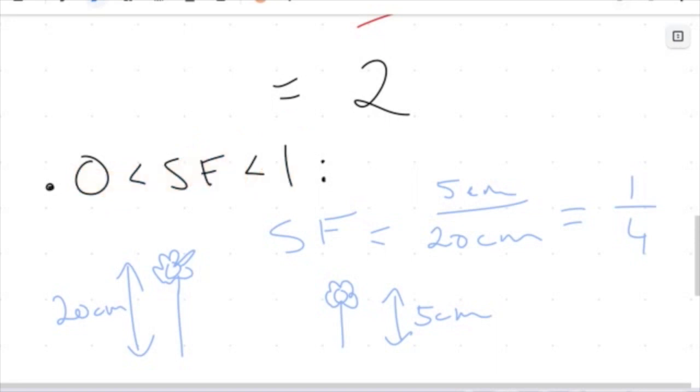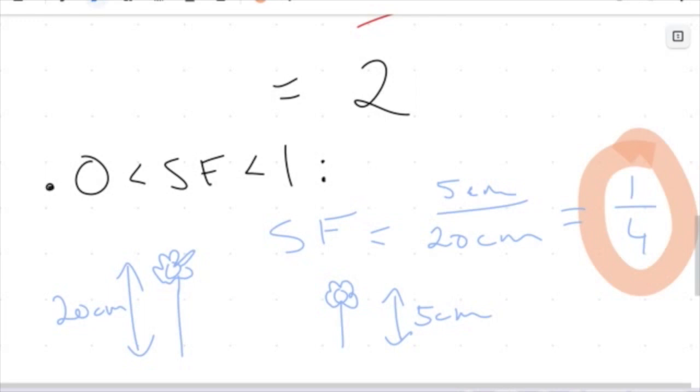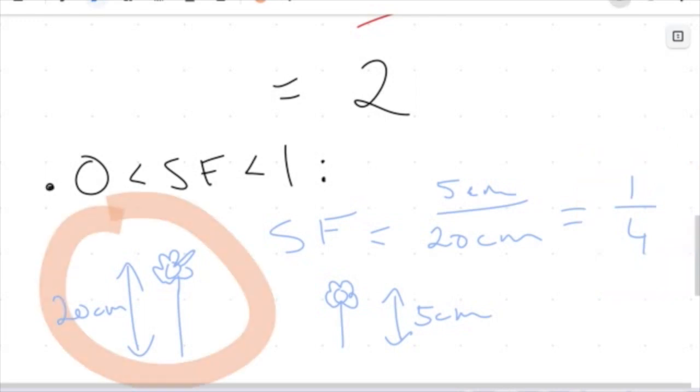So that tells me that my new image has been scaled to be a fraction of the size of a bigger one. It's almost like a portion of the whole idea here. So anytime I get a fraction, something between 0 and 1 for a scale factor, that tells me that the image is smaller than the original, because it is a fraction of the size of the original here.